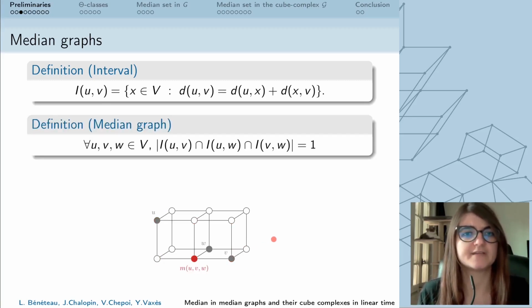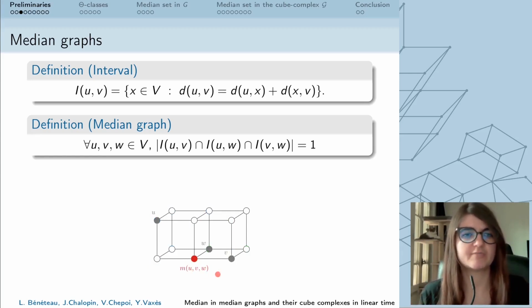A graph is a median graph if for each triplet u, v, and w, the intersection of the intervals between u and v, u and w, and v and w is equal to a single vertex.